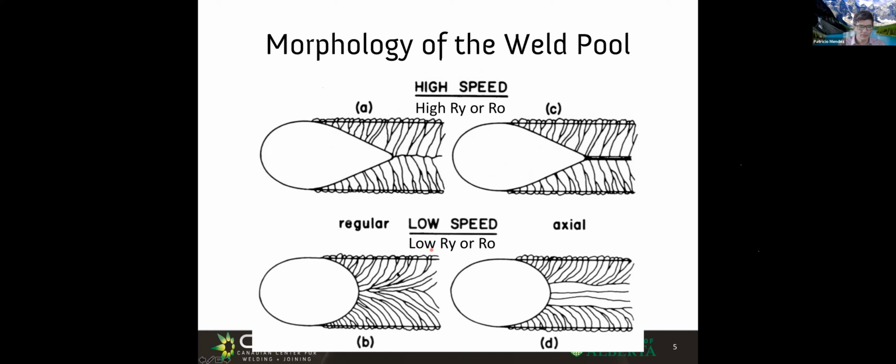If we have a slow speed, we see something interesting. That is, we see that these dendrites start to grow always perpendicular to the edge of the weld pool. And we see how they start to grow perpendicular to the travel direction, and then they start to bend, right? This one on the bottom left is the best. The dendrites start to grow and they bend around.